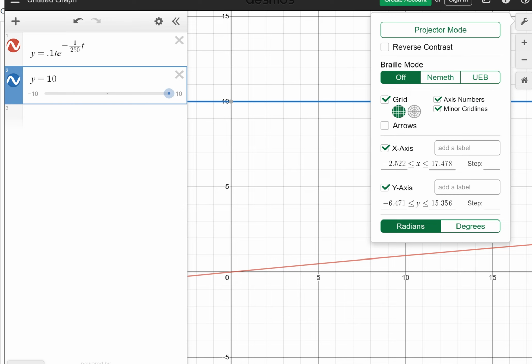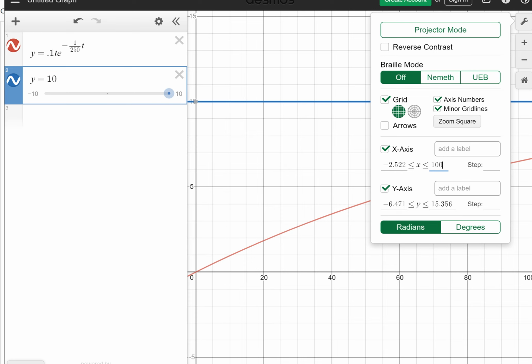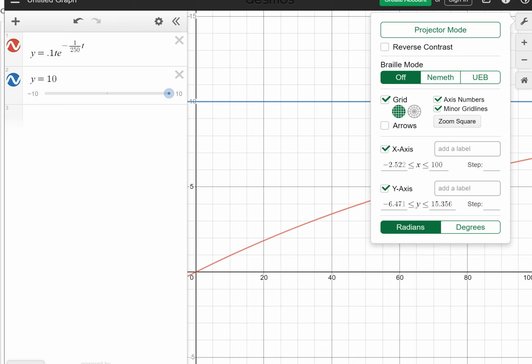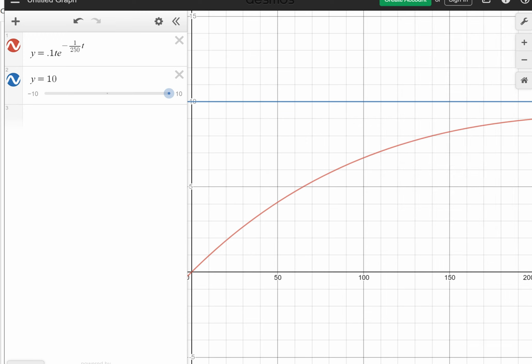Right now, the x-axis goes up to 17. Maybe we should change this to 100. Notice at 100 minutes, it's still increasing and has not reached the 10-pound maximum yet. Let's go a little higher. Maybe we should go to 200. Notice it's still increasing.